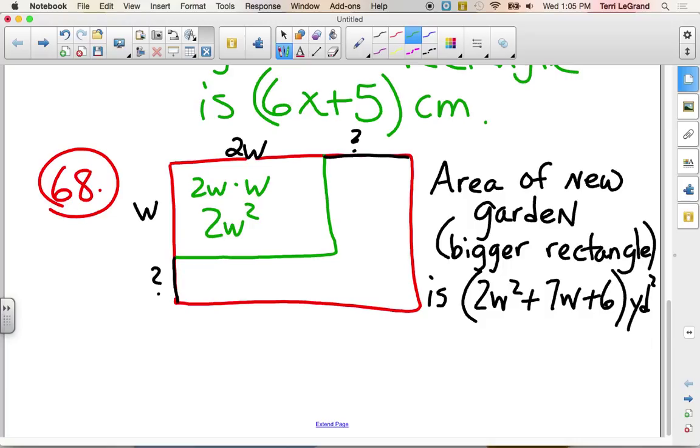So then, if we took 2W squared away from this, what would we end up with? 7W plus 6, and those are still yards squared, aren't they? Okay. Gonna agree that that's something we could do, but now tell me, how's that gonna help us find our question marks? How are we gonna think? What do we do now then?